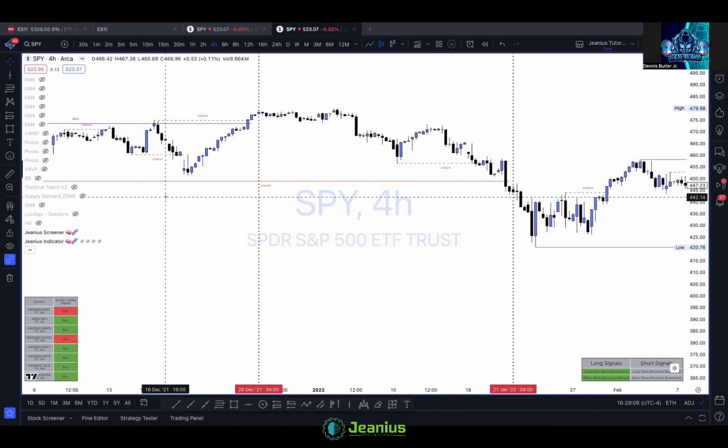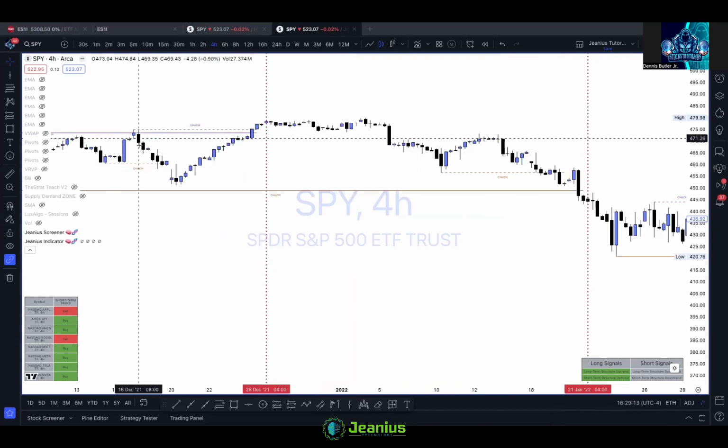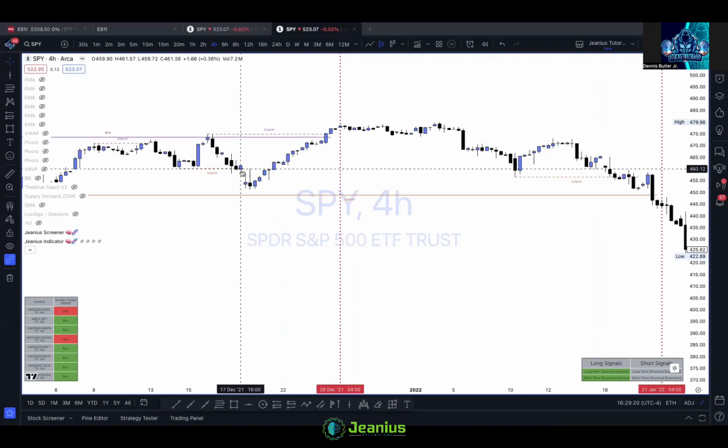But that signal starting from the beginning would allow me to drop down to a smaller time frame to watch for a change of structure, and then just trade with the trend on that smaller time frame.